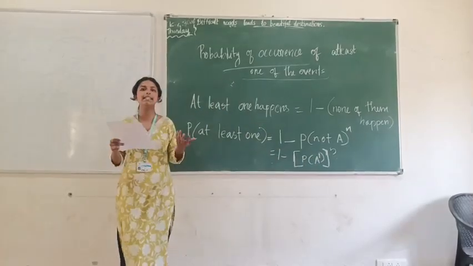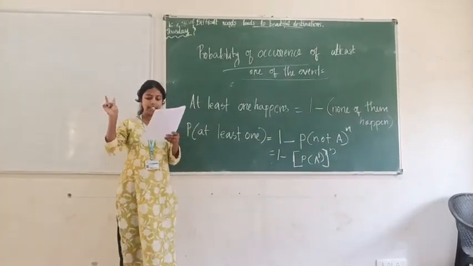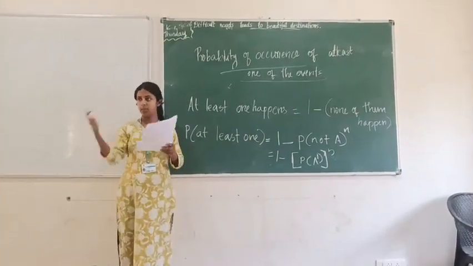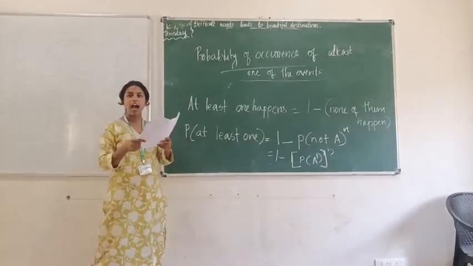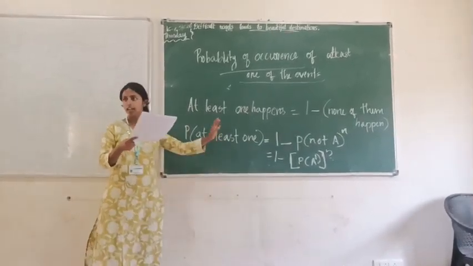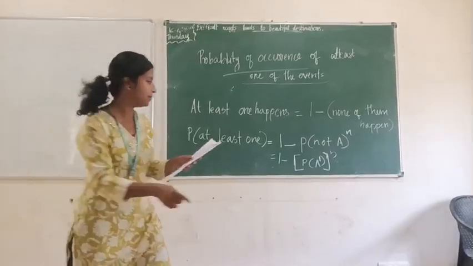But in some cases, if at least one of 2 events happens, that is A and B, then we have to find A dash as well as B dash. After that, we can apply the equation.